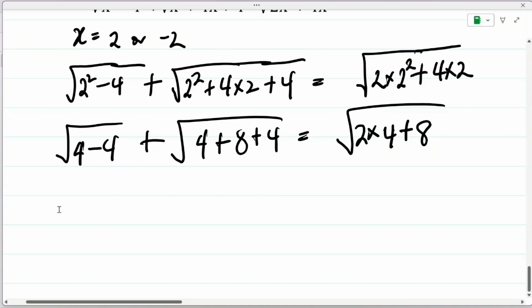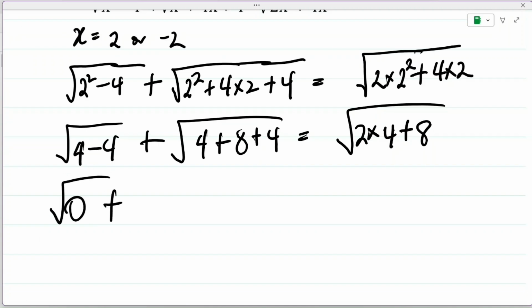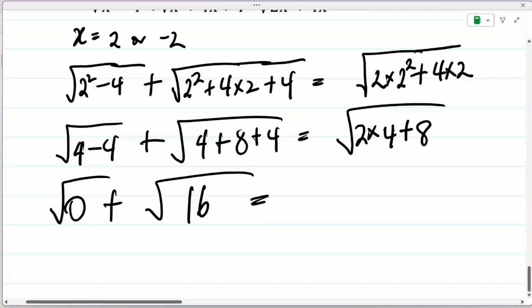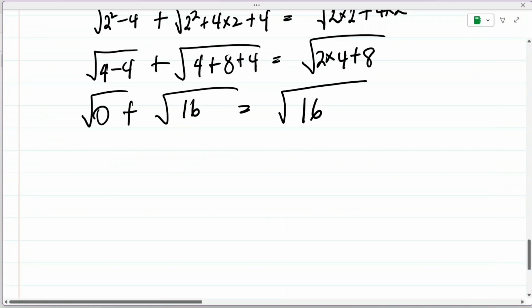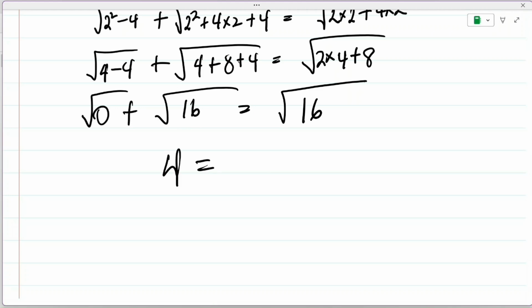On the next line, we say square root of 4 minus 4, that's 0, plus square root of 4 plus 8, 12 plus 4, that's 16, equals square root of 2 times 4, that's 8, 8 plus 8, that's 16. On the next line, square root of 0 is 0, so you can lay it off, then plus square root of 16 is 4 equals square root of 16 equals 4.